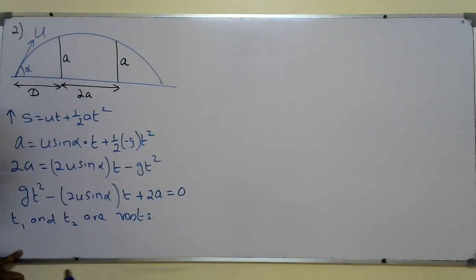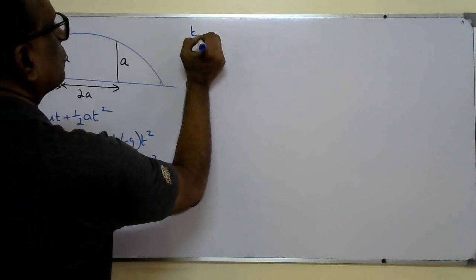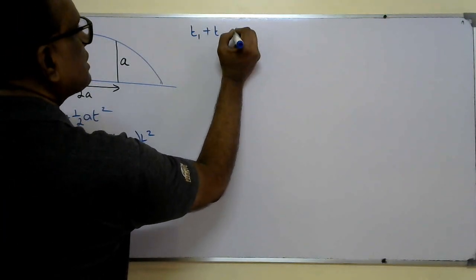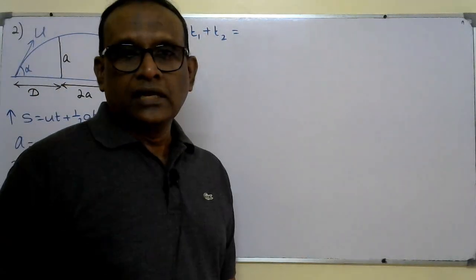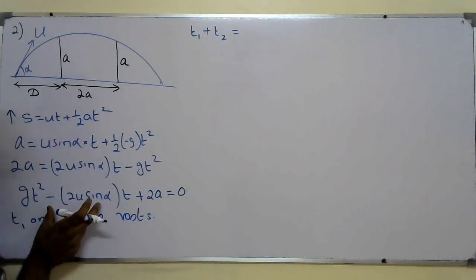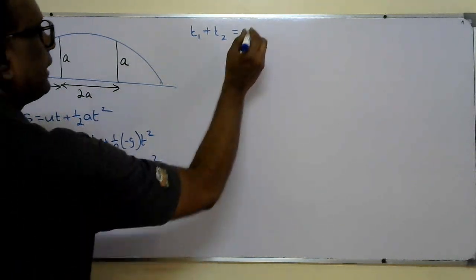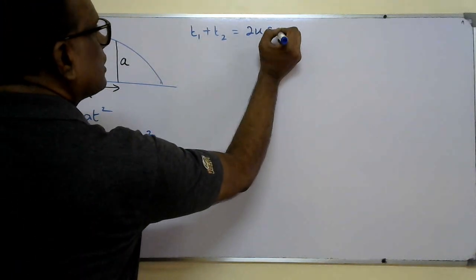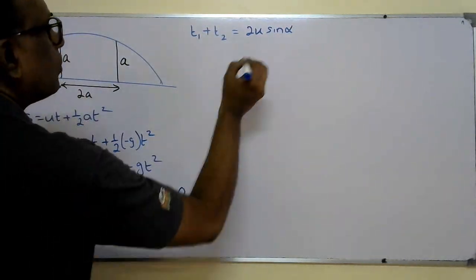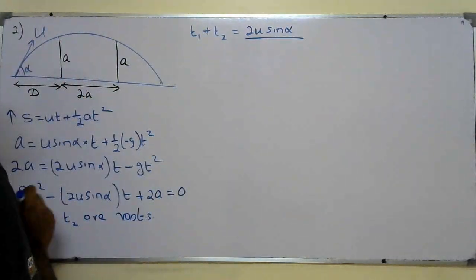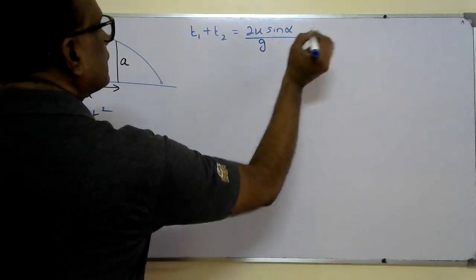So we know that the sum of roots, alpha plus beta, equals minus B over A. So T1 plus T2 equals 2u sine alpha over g. This is the first equation.